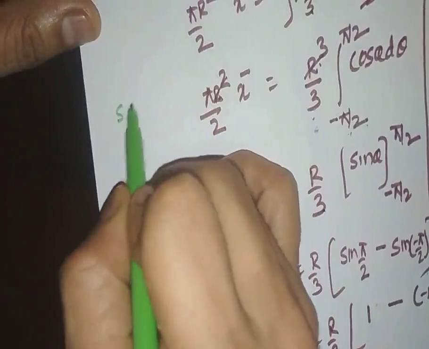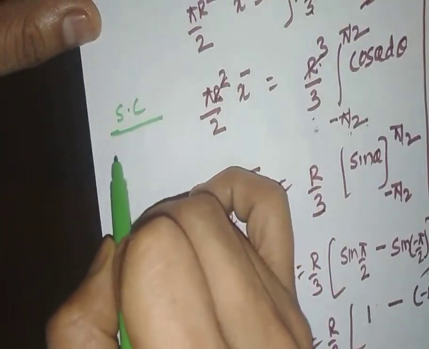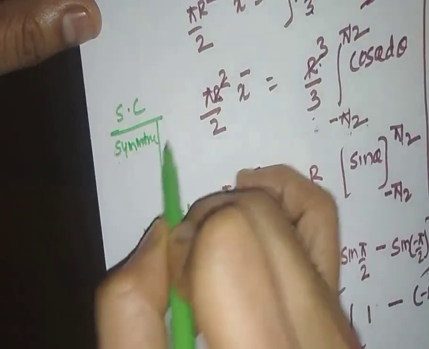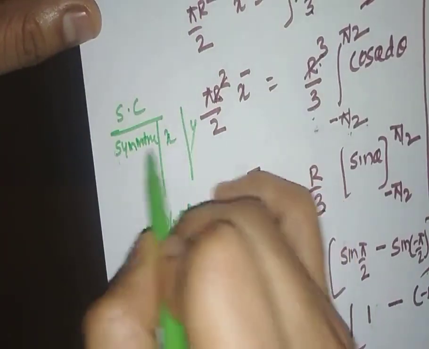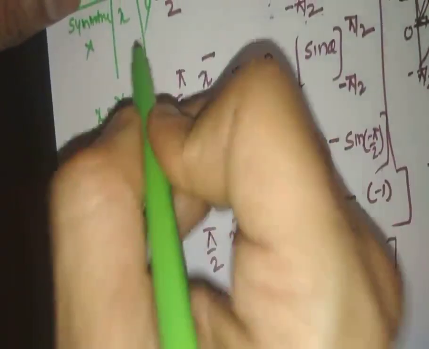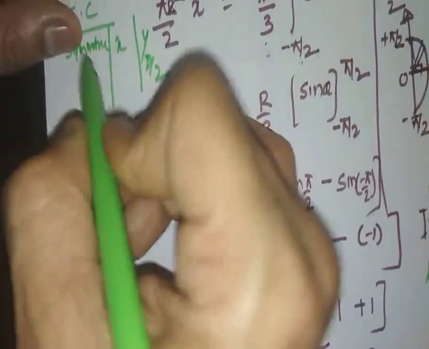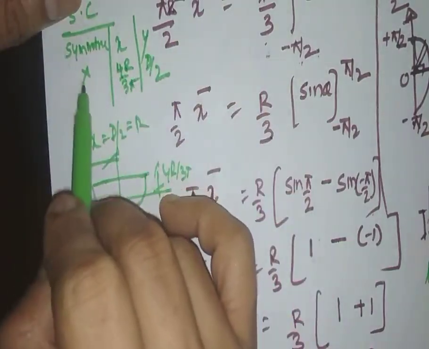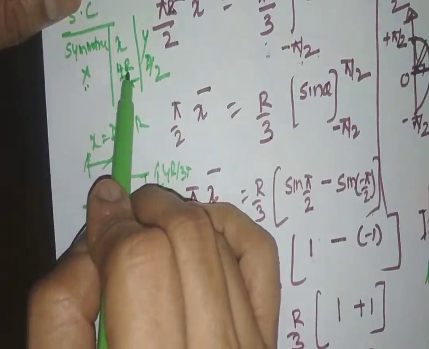So what it says is, if the semicircle is symmetric, we'll write symmetric here, and put the values of x and y. If it is symmetric about x-axis, then y would be d by 2 and x will be 4r by 3 pi.